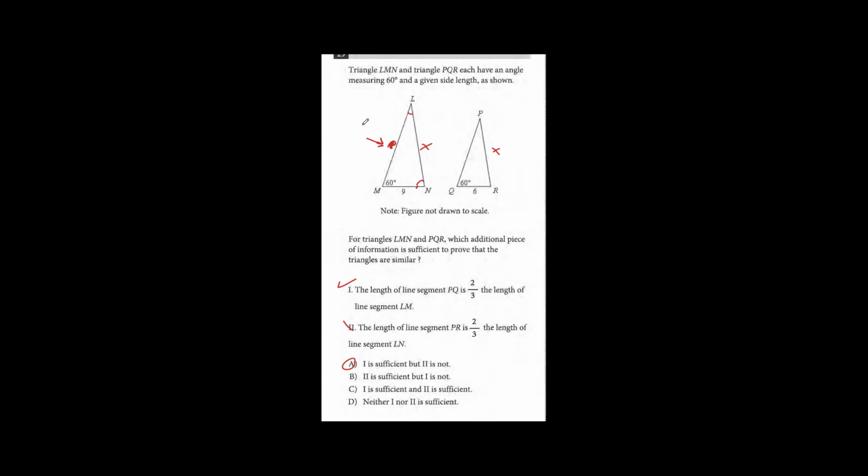And the reason why it can't be 2 is because we don't know anything about this angle measurement or this angle measurement, so we could have a triangle that's, say, like this, where this is still 60, but this is like a right angle, and then we have another angle measure here, and then we have another triangle that's like this, where this angle measure is still 60, but this angle measure and this angle measure changed, and this line segment could be 2/3 of this original line segment still.